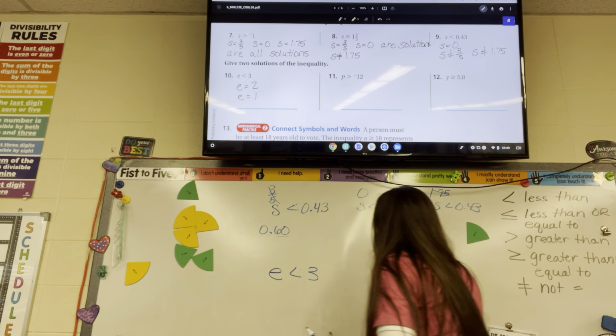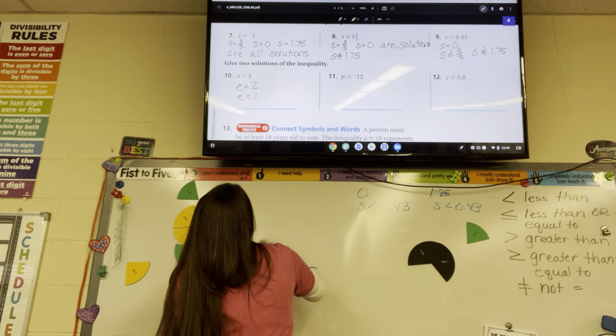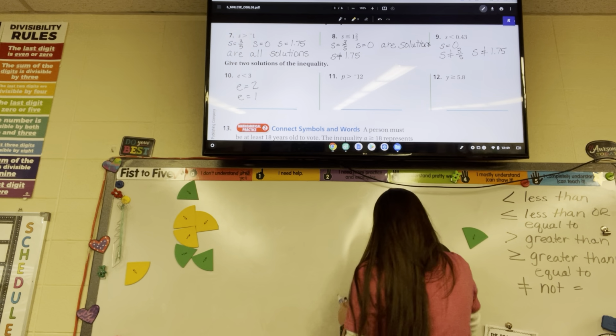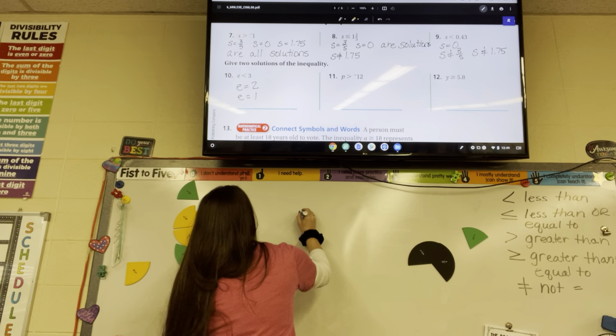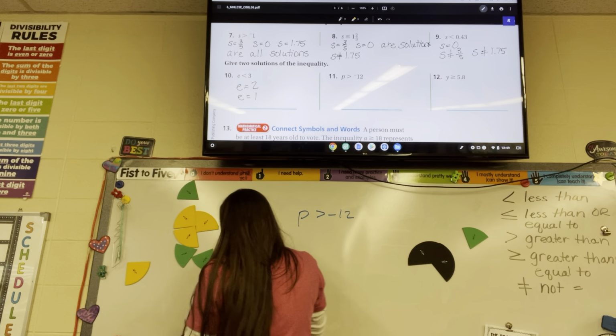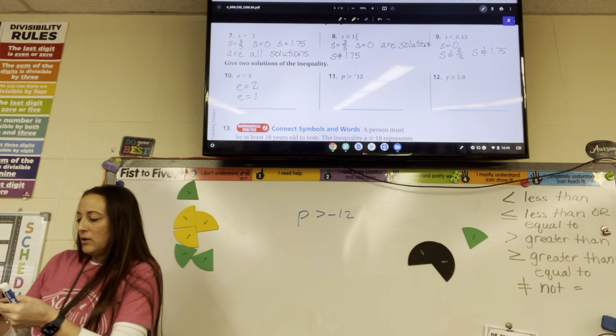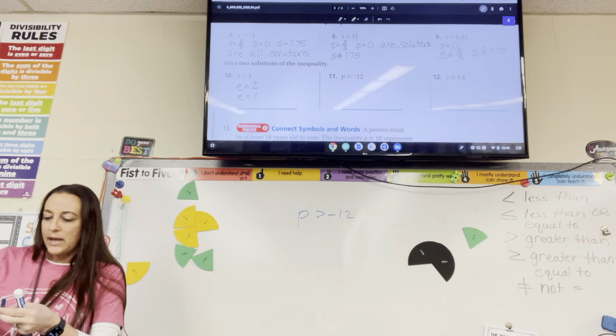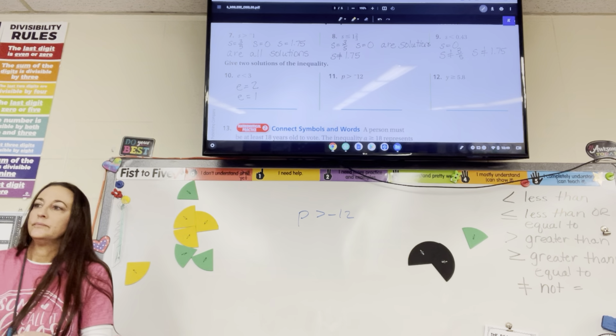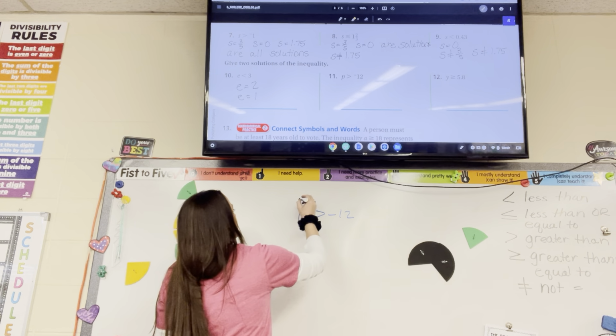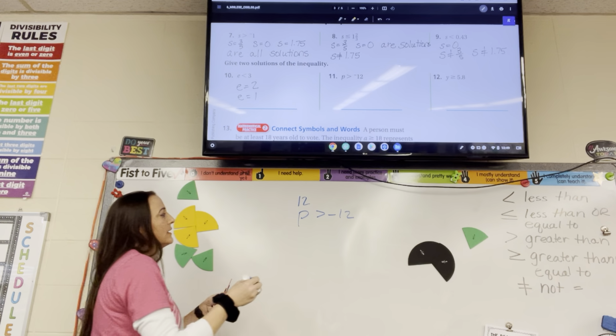Okay. Next we have P is greater than negative 12. We're looking for two numbers that are greater than negative 12. Wyatt Payne. Positive 12 is greater than negative 12. Good.